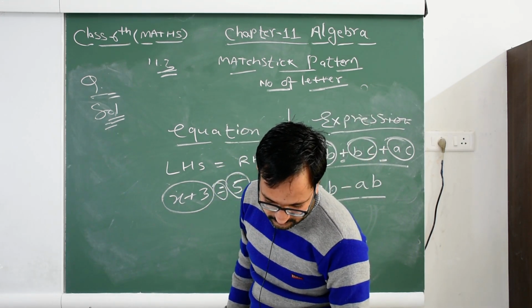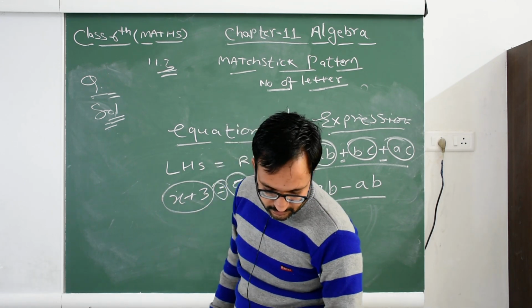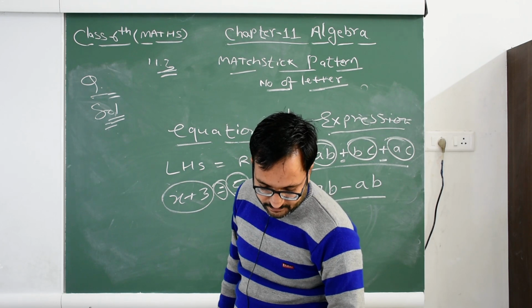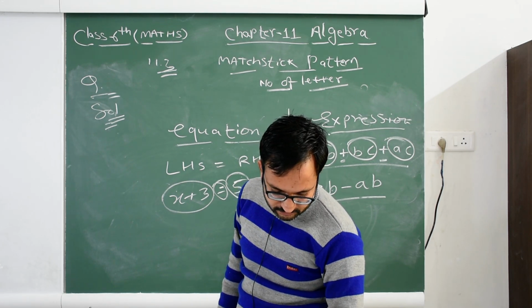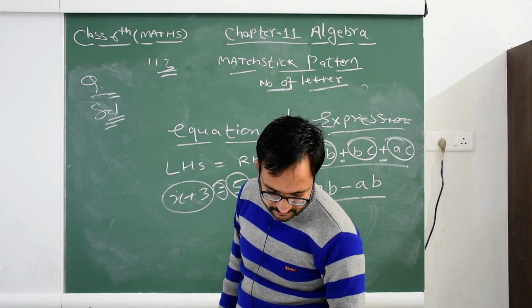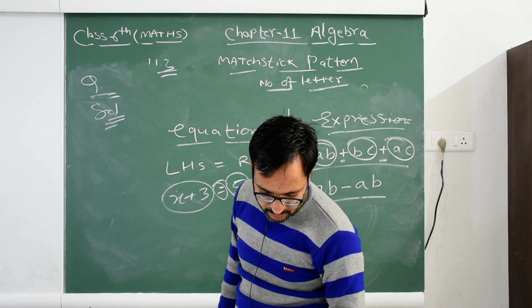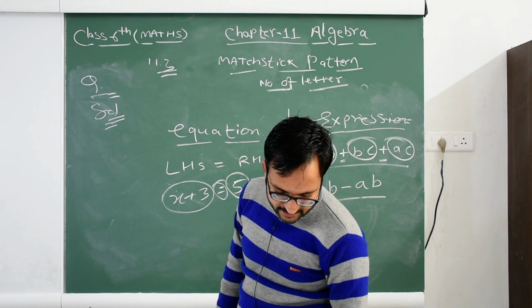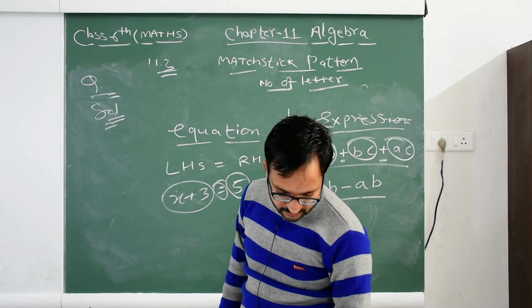Make up as many expressions as you can. Question number 1: with the numbers 3, 5, 7 and 8, every number should not be used more than once. Use only addition, subtraction and multiplication.